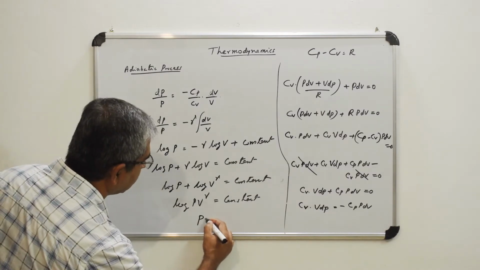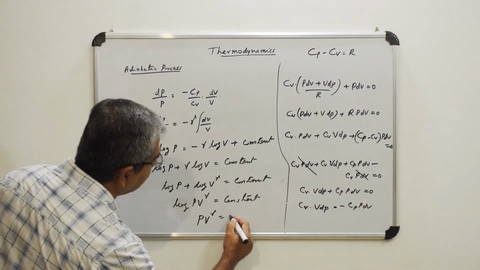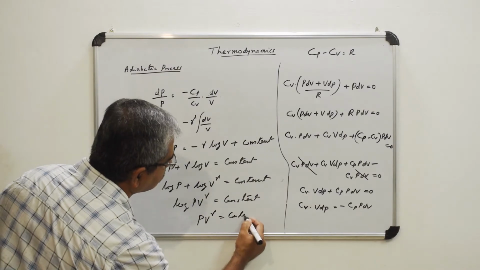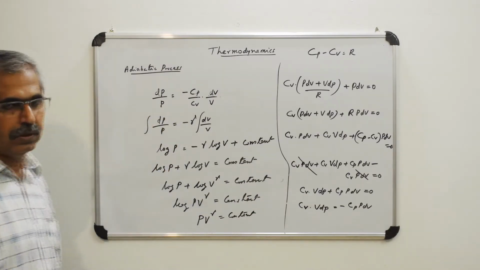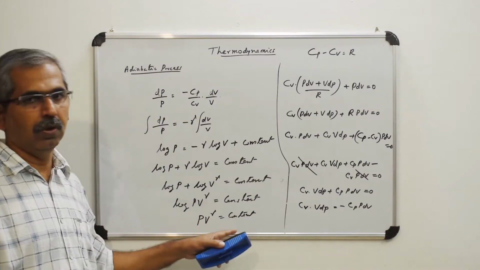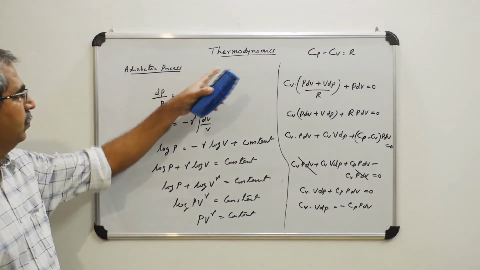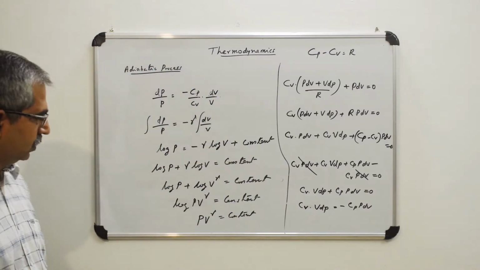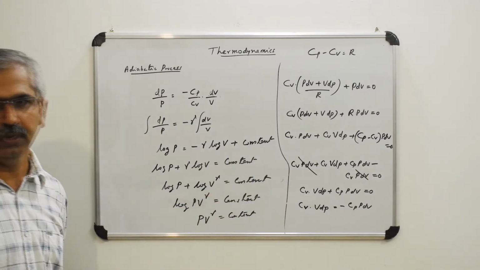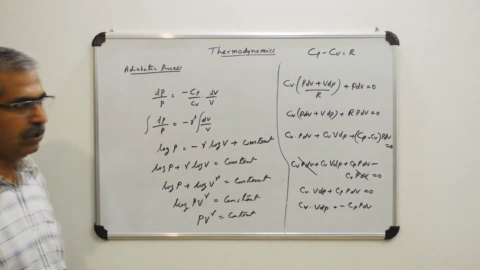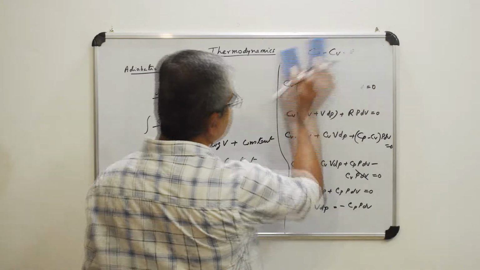So you can write it as P V raised to gamma equal to a constant. Okay, so this is called the equation of an adiabatic process. P V raised to gamma equal to a constant, and you must have already studied that equation.